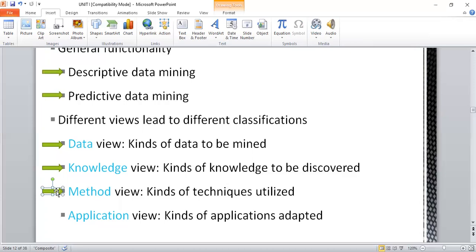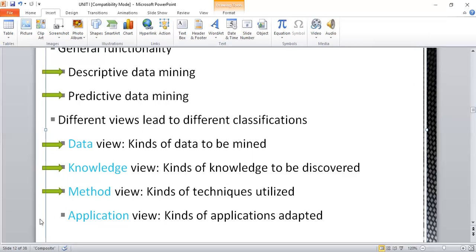These are different kinds of techniques according to which data mining can be classified, or you can say the methods of data analysis that we are utilizing. So that is the classification according to the kind of techniques or methods being utilized.